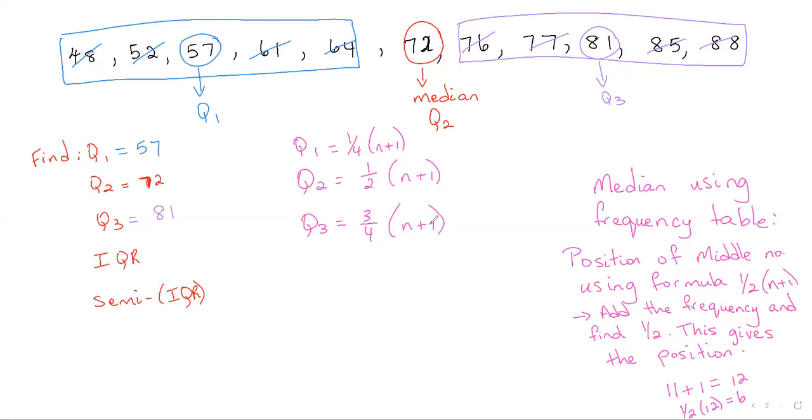So 4 could go into 12 3 times, 3 3s are 9. So it's the 9th number. So you could check using your frequency table. 1, 2, 3, 4, 5, 6, 7, 8, 9. So I look for my number that is in the 9th position. And I got 81. Now, that's if you have a frequency table. If it's normal data like this, we could find it just how we did it before.